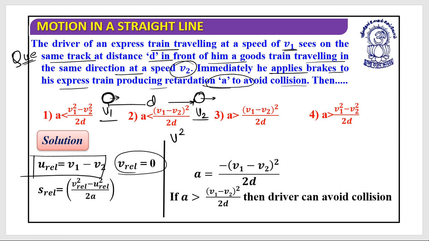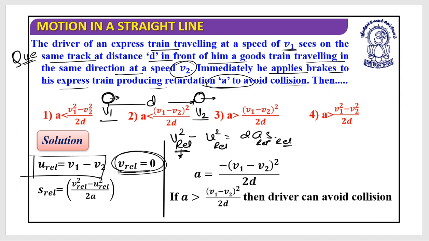Now I can have the relation v square minus u square equals 2as, and if I write this complete relation in relative manner, it is something like this: v relative square minus u relative square equals 2 a relative into s relative. I hope these things are clear. I know their final relative velocity would be 0.